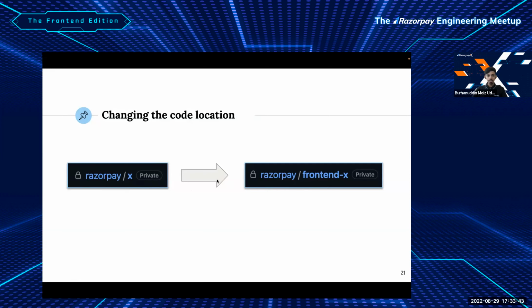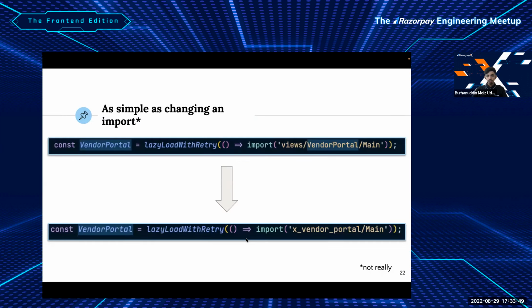So we took out the vendor portal code from the X dashboard, put it into the monorepo called frontend-x, and then all we did was update the imports, from this being inside our X code base, to just adding X vendor portal, and that's it, right? Or that's just wishful thinking. We hope it works that way, but obviously it doesn't because things are not that simple in life.